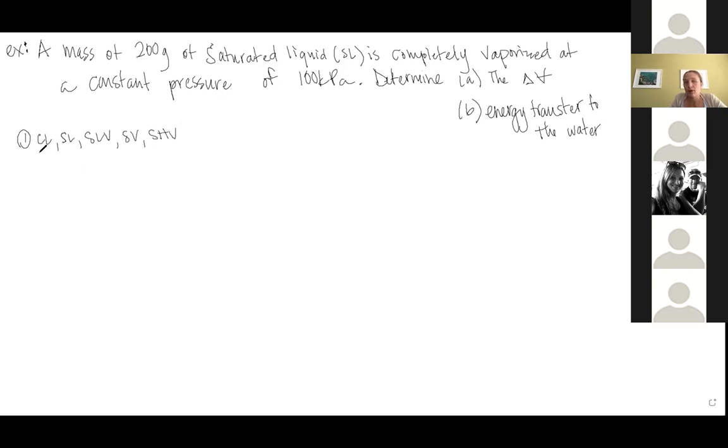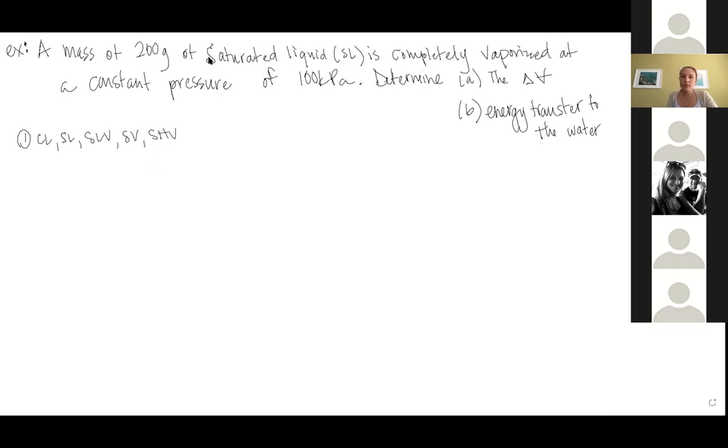Because for compressed liquid we use one set of information, and then for our saturated liquid-vapor regions, we use table A4 for water, and for superheated vapor, we use table A6. So these all have different tables that we're going to use. That's why it's important to first figure out which one you're working with.